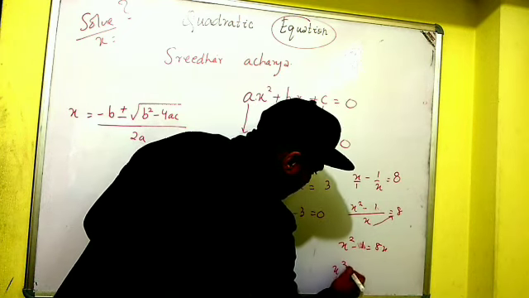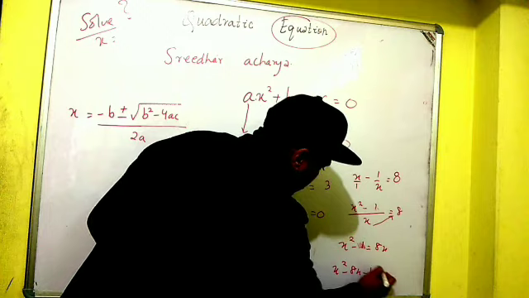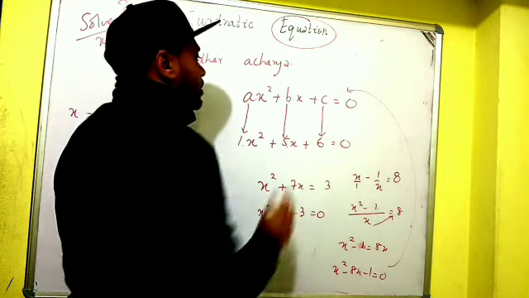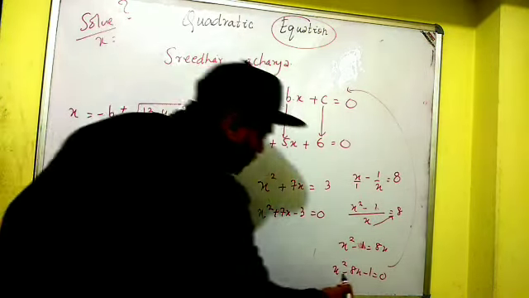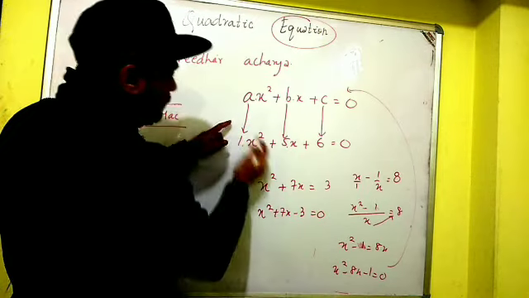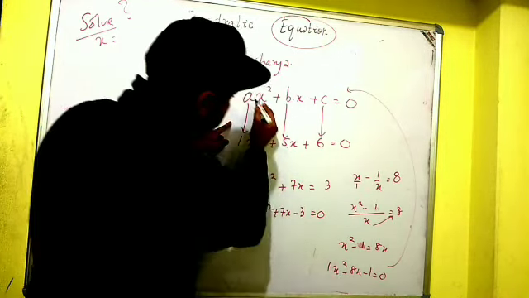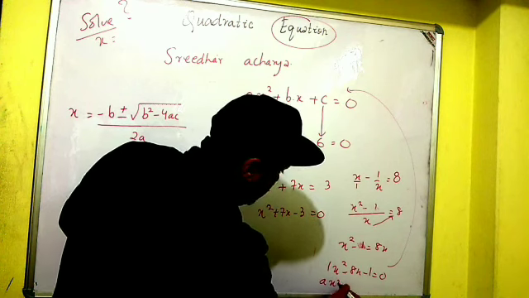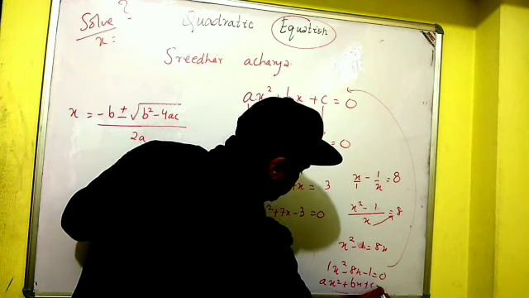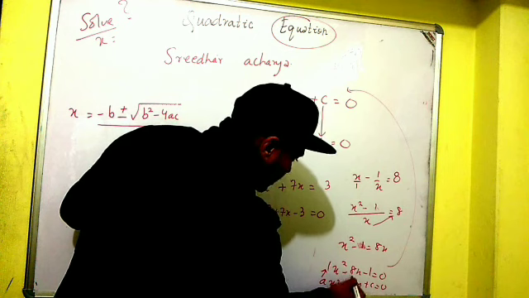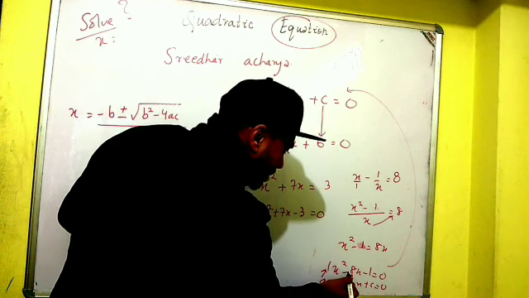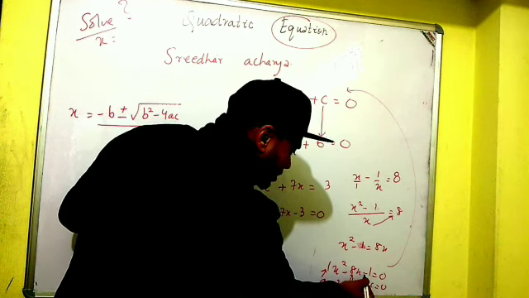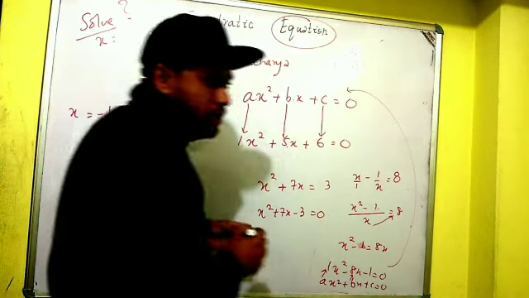So if you take 8x to this side, now this equation is somewhat similar to this one. Okay. So no problem with this. Now if you compare this equation with ax squared plus bx plus c, a is 1, b is 8, but here it is minus, so b is minus 8. c is 1, since it is minus, c will be minus 1.